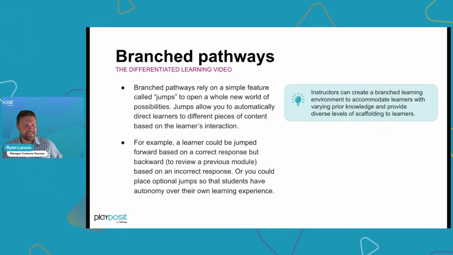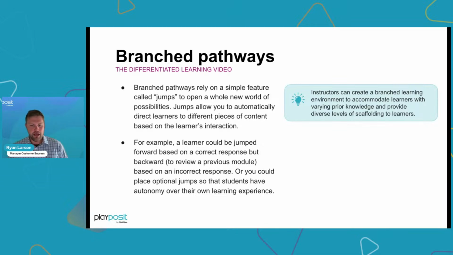The next use case that we have is branched pathways. Branched pathways offer a dynamic learning experience by using what we call jumps. For all intents and purposes, jumps are automated redirects to different content within the video based upon a learner interaction.